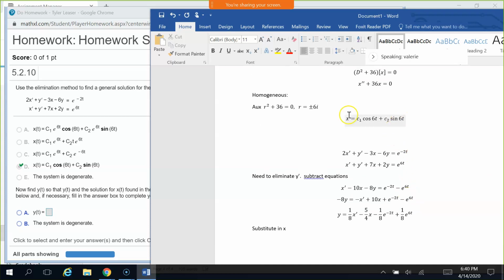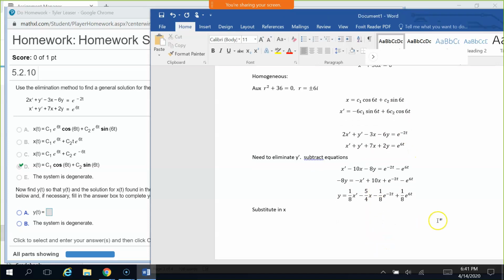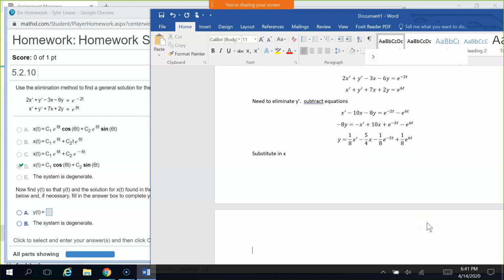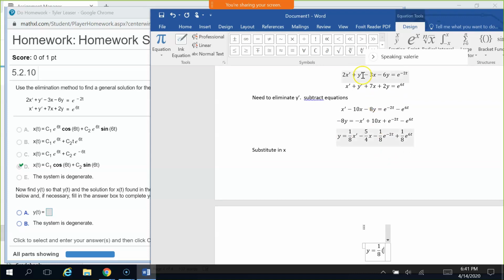To do that, though, we are going to need the derivative here. So, I don't know, just somewhere on scratch paper, just take the derivative. Okay, and then plugging that in. y is going to be equal to 1/8 times this derivative here.